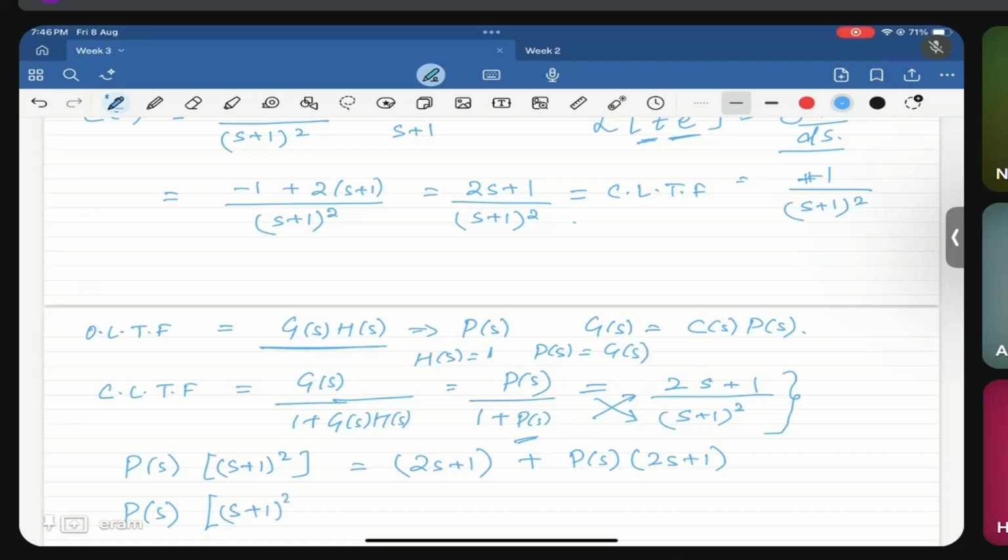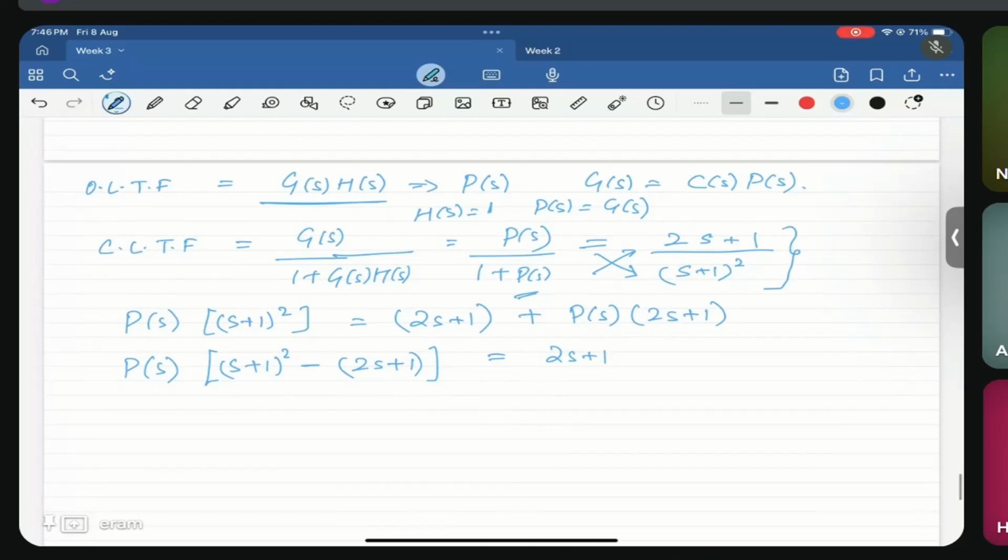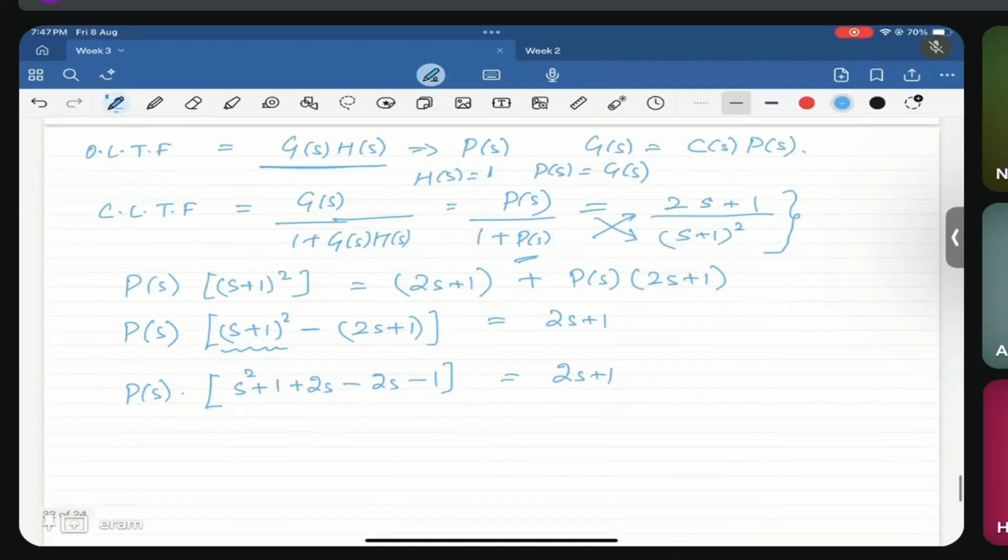So it will be s plus 1 whole square minus 2s plus 1, and this will be 2s plus 1. So P(s) into s square plus 1 plus 2s minus 2s minus 1 equals 2s plus 1. Here I have expanded the square term.